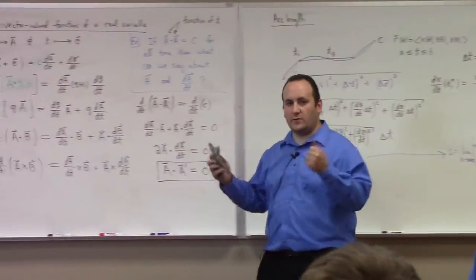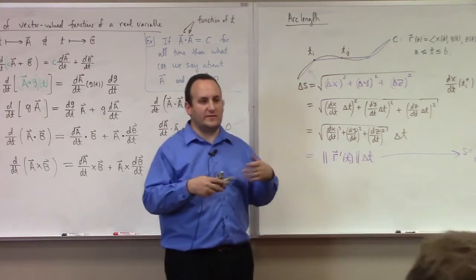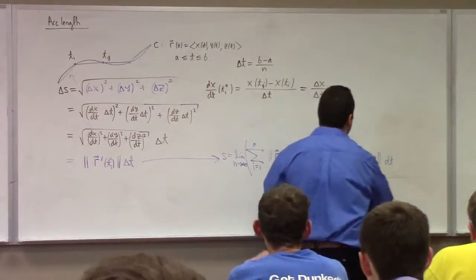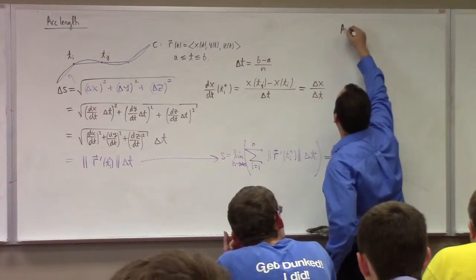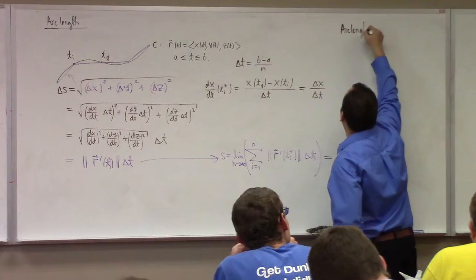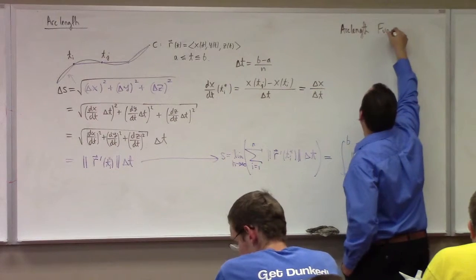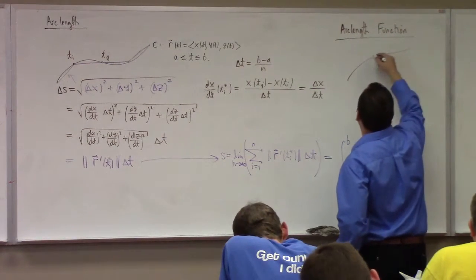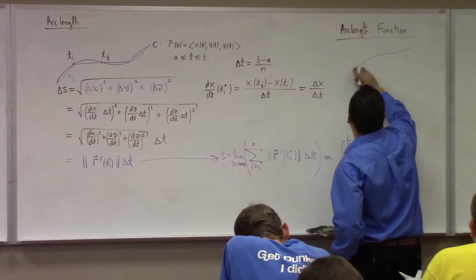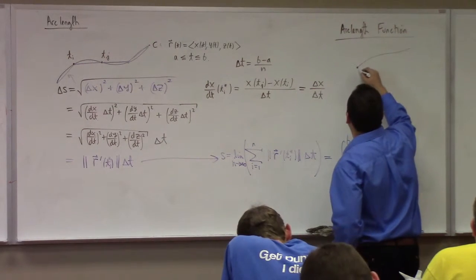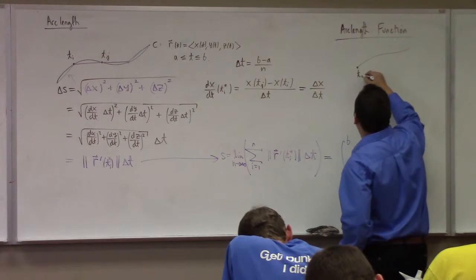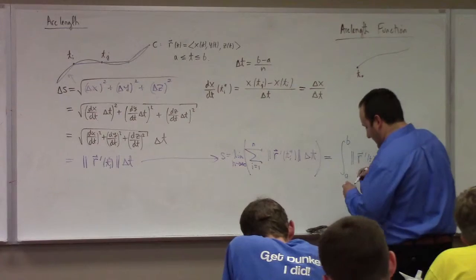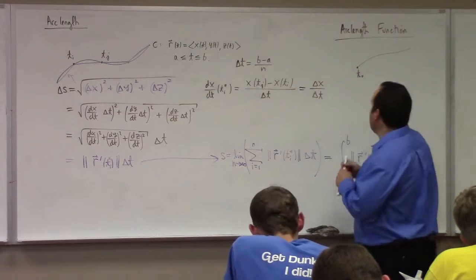Now, this is the total arc length. We can also talk about the arc length function. What's the difference between the total arc length and the arc length function? So for the arc length function, you have a curve, right? You pick a base point. I usually think of it as a starting point, say t naught. And then the arc length function is based on some starting point, and then you go, okay, what's the length of the curve out to parameter t, say?